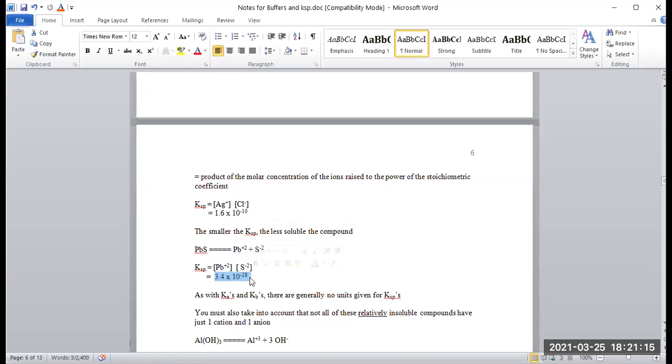Now, and I will kind of circle back to this again next week, I will say that anything that claims to have a KSP value with a negative 50 exponent or smaller, like negative 60 or negative 70, is pushing the limits of reality, okay, in terms of actually being able to calculate KSPs.